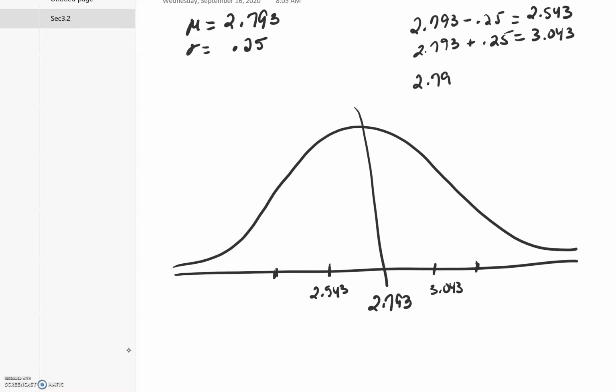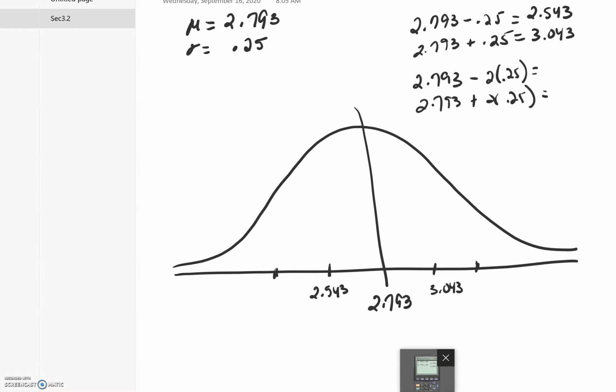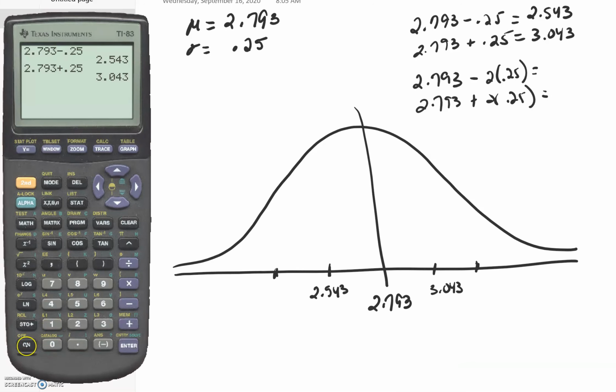So I do 2.793 minus twice the standard deviation, 2.793 plus twice the standard deviation. So on my calculator, I can do 2.793 minus 2 times 0.25.